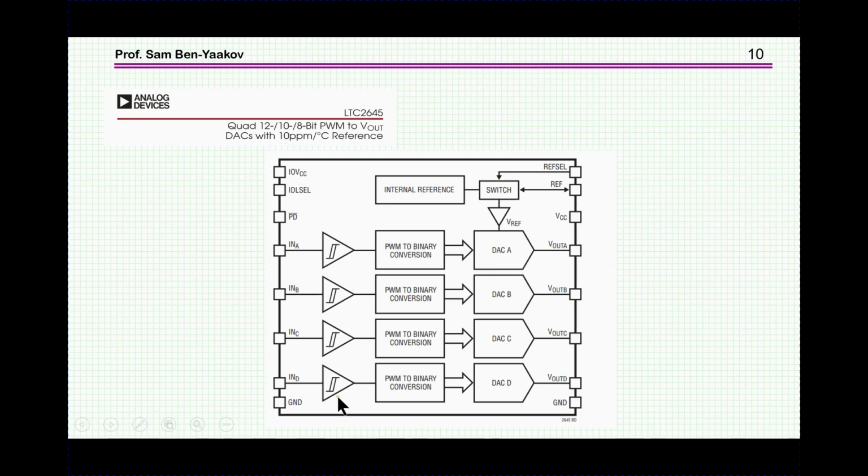And there are 4 channels like this. This is kind of too heavy because we wanted to get away from the digital to analog converter, and here we get it at the back door again.